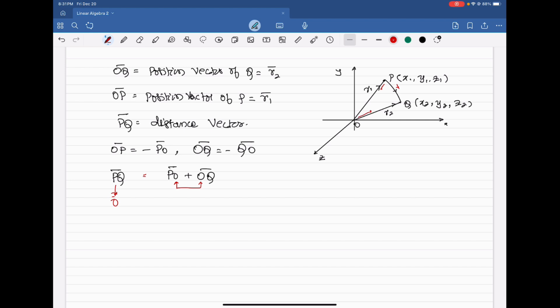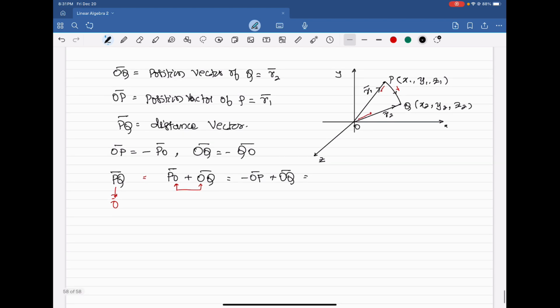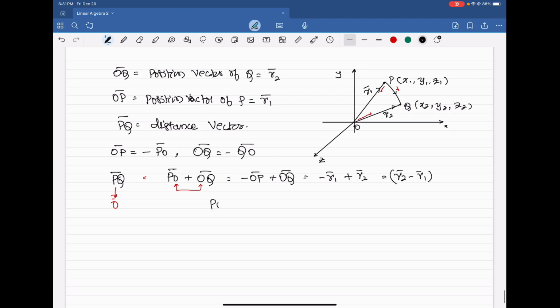Then what is PO? PO is nothing but minus OP. So PQ is equal to minus OP plus OQ. What is OP? That is R1, so minus OP is minus R1. OQ is plus R2. That means PQ is equal to R2 minus R1.